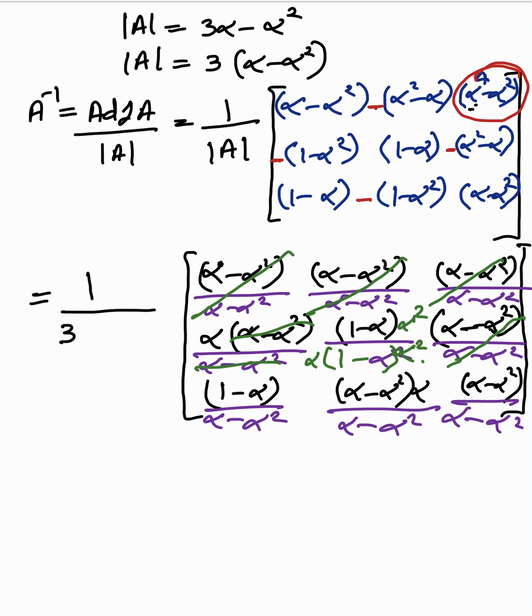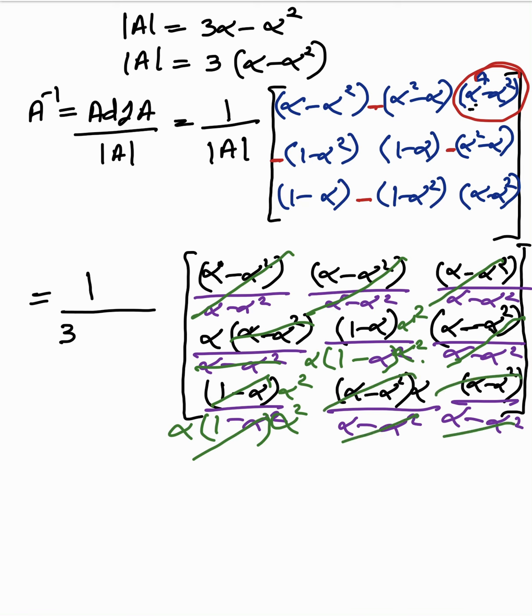And this one, in a similar way, you have to take the common parameter 1 minus alpha, and then alpha square, and alpha common. Okay, now you cancel out, and in a similar way you cancel out this one, this one, this one, this one.